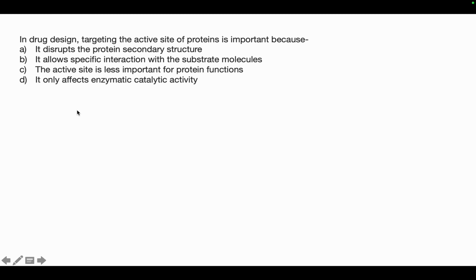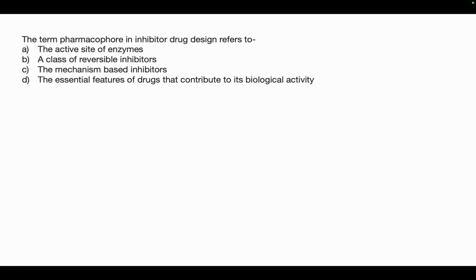Correct answer is B. The term pharmacophore in inhibitor drug design refers to the active site of enzyme, a class of reversible mechanism based inhibitors, essential features of drugs that contribute to its biological activity. So the correct answer is D.